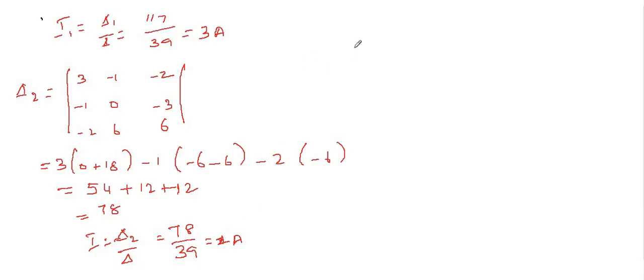So next we'll find the value for del 3. So here 3 minus 1 and 1, minus 1 6 0, minus 2 minus 3 6.